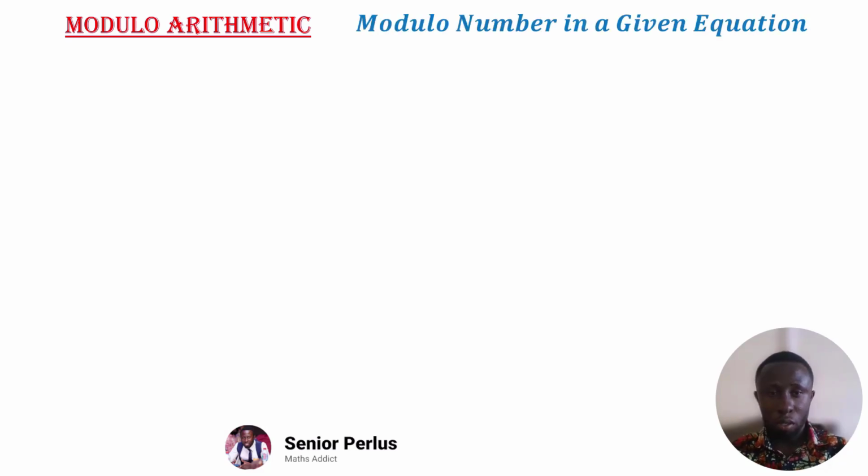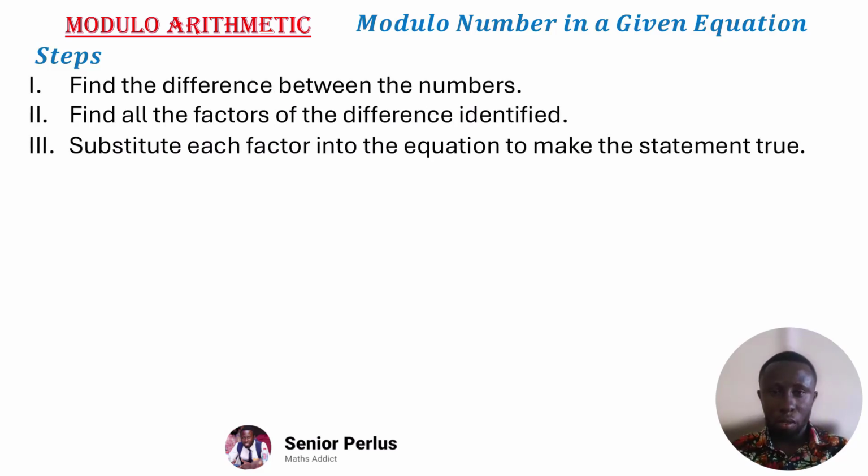We are going to do modulo in a given equation. That's modulo equation. The steps in solving for modulo in a given equation: Step 1, find the difference between the numbers given. Step 2, find all the factors of the difference identified.